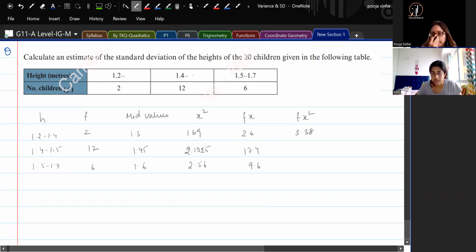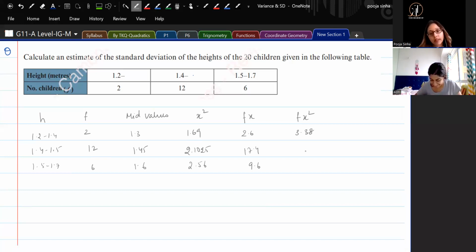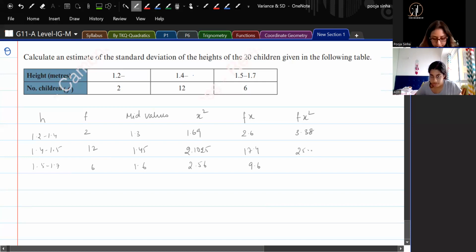X square into 12 ना? Oh, sorry. हाँ. एक सेकंड मैं just सही करी नहीं. हाँ ये सही आया पिछला वाला. कितना आया? पिछला वाला ठीक आया था. I'm also calculating with you. That will be 25.23. Then third one is 6 into 2.56, right? That will be 15.36.